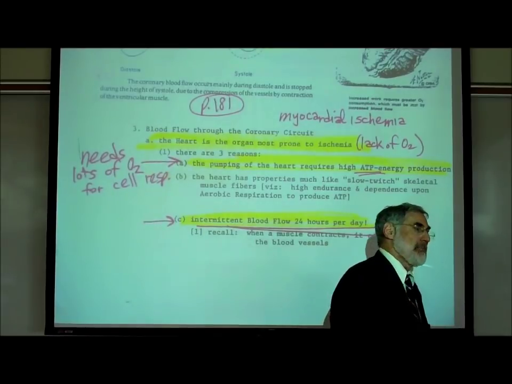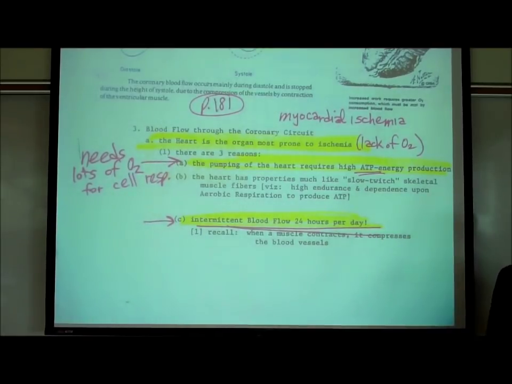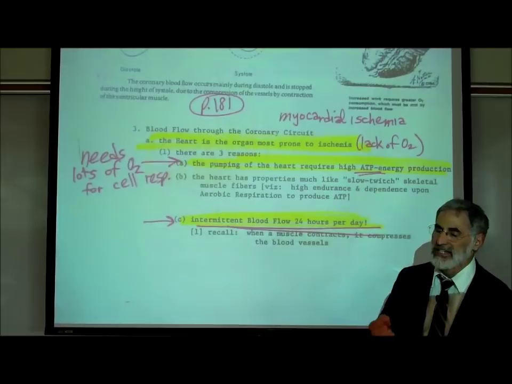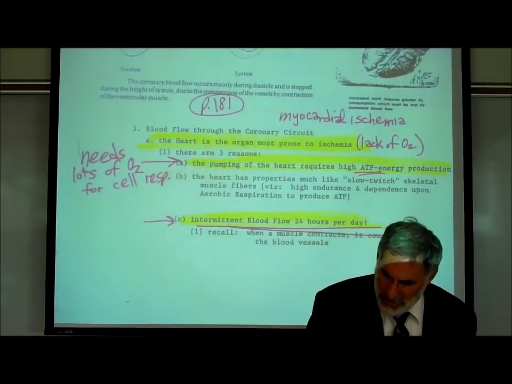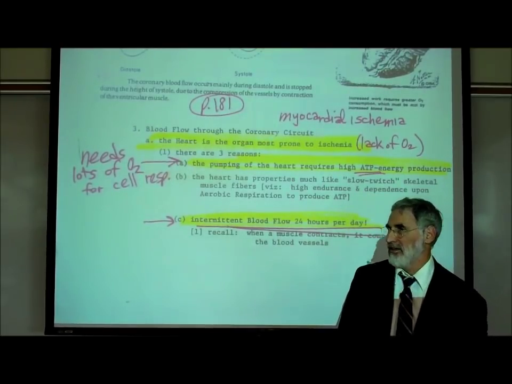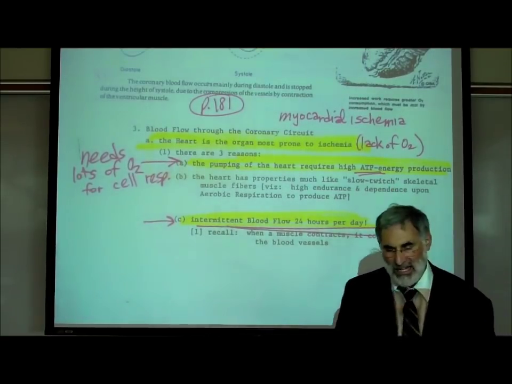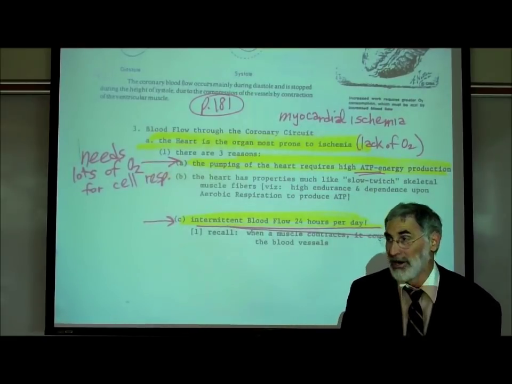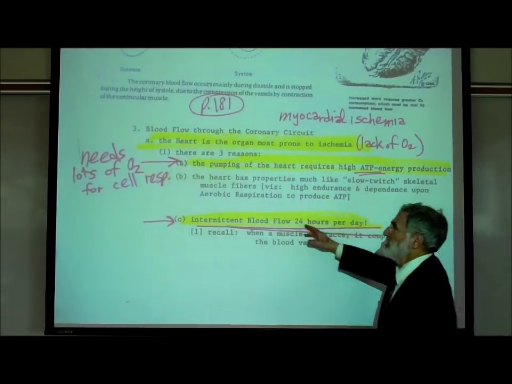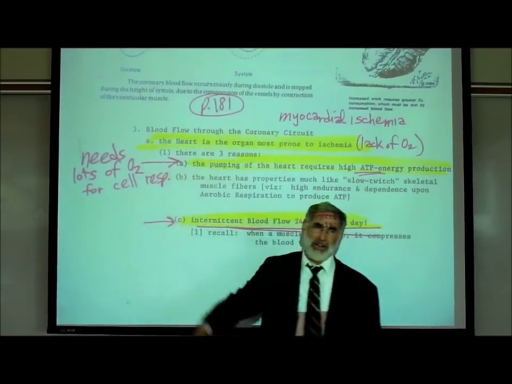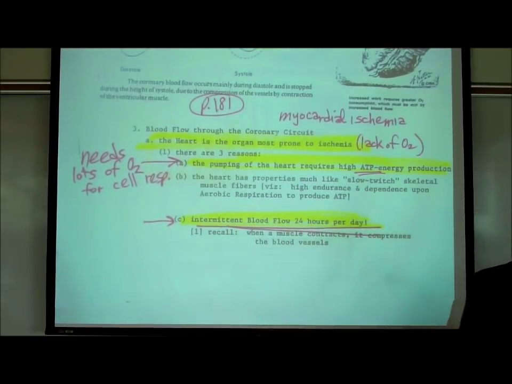And incidentally, heart muscle really is limited. It really is designed to generate ATP principally only aerobically. So it has to carry on aerobic respiration to generate lots of ATP, and it needs lots of ATP because it works really hard. Here I just wrote, needs lots of oxygen for cellular respiration to make ATP.